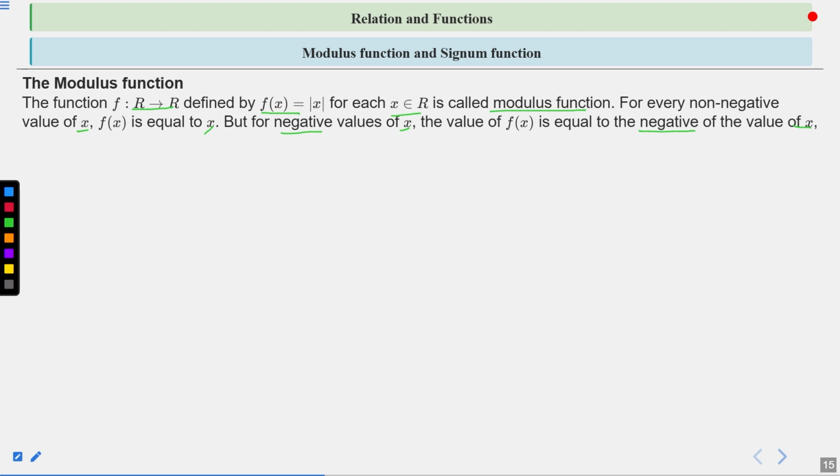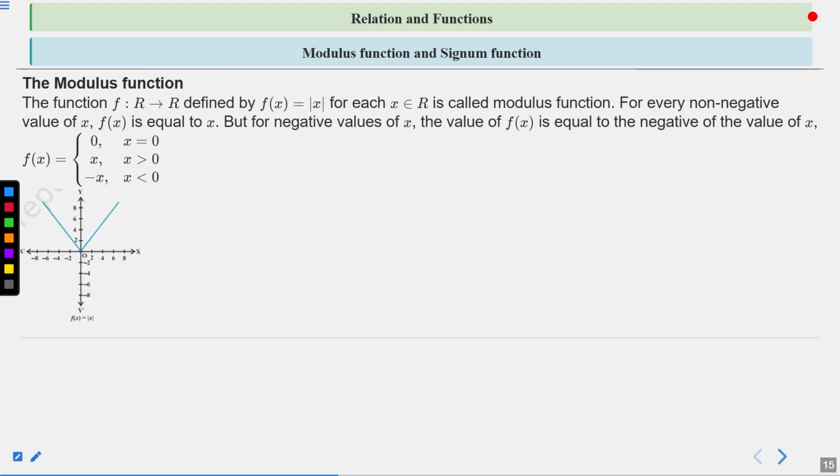Mathematically, we are saying f(x) is 0 when input is 0, f(x) is x when input is any positive real number, and f(x) is minus x when input is negative. One liner, mod x, denoted by this, but piecewise it contains this much information.